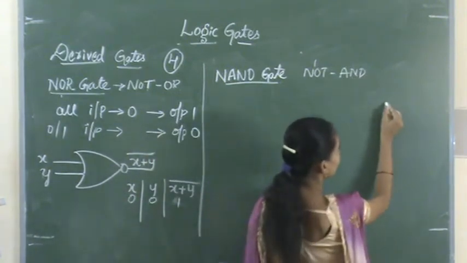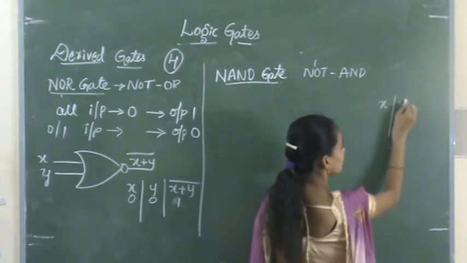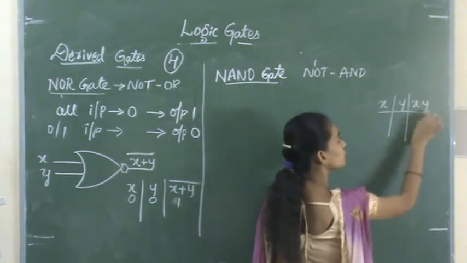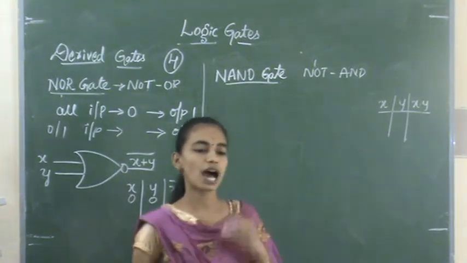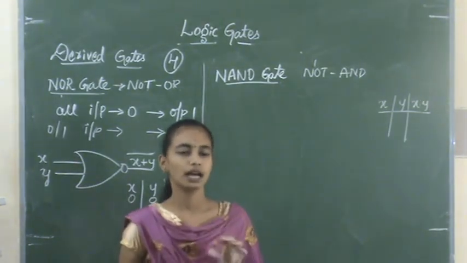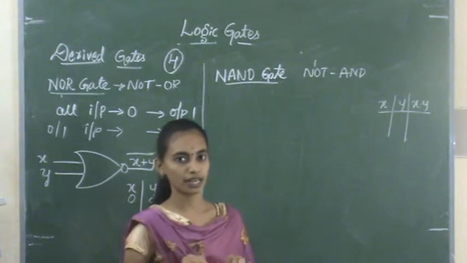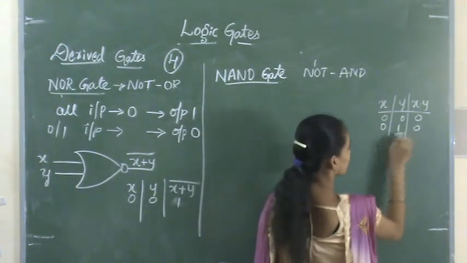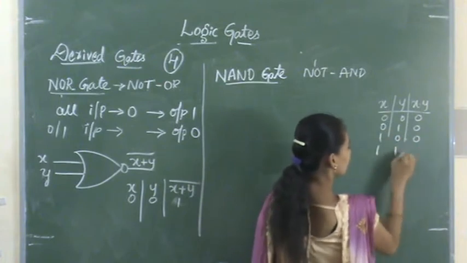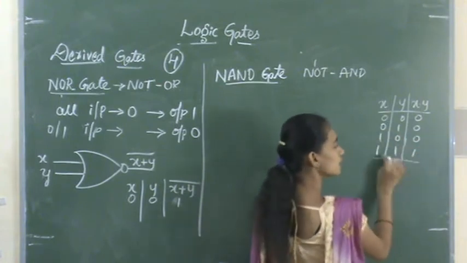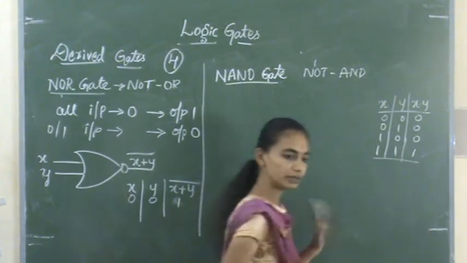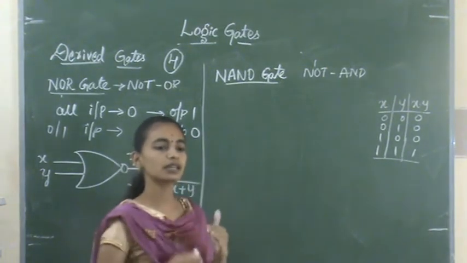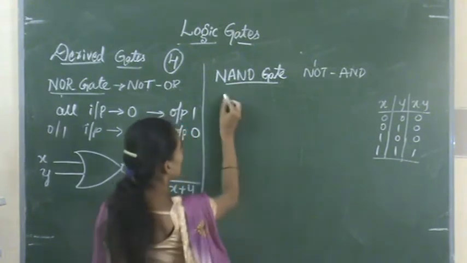How does the AND gate work? When all the inputs are 1, then the output will be 1. When all the inputs are 0, then the output will be 0. So this NAND gate is a complement of AND.